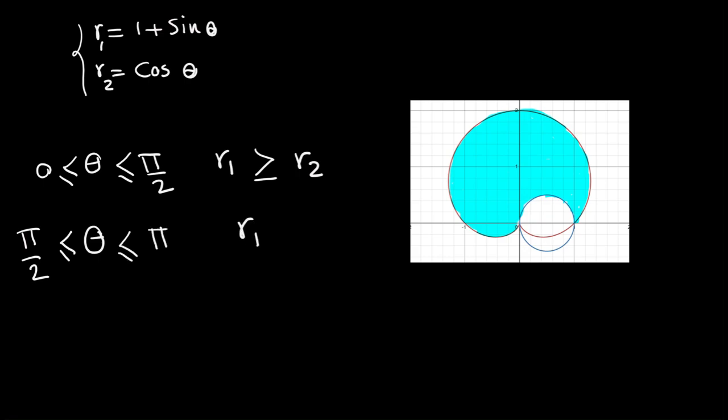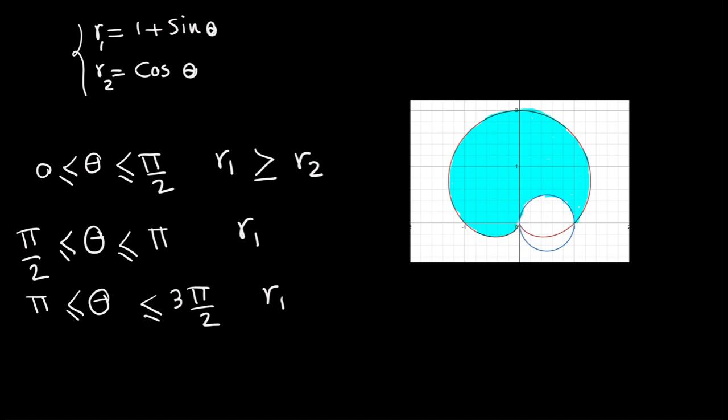Some region is in the third quadrant and only for the graph of r1. So when theta is between pi and 3 pi half, again, the only curve is r1. And in the fourth quadrant, as you see, there isn't any shaded region.